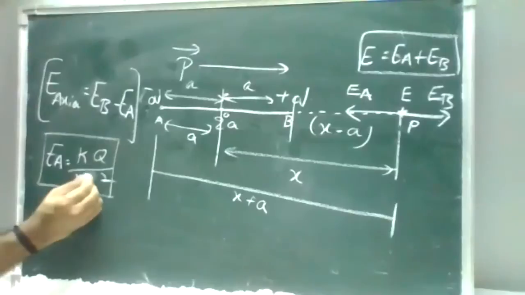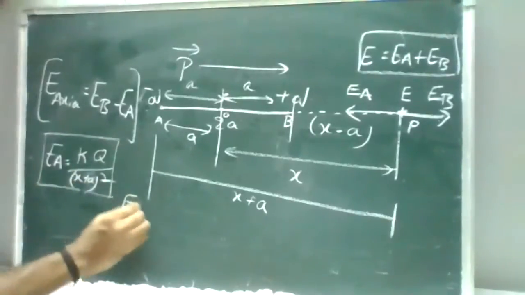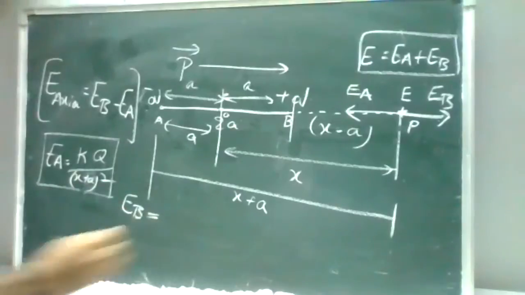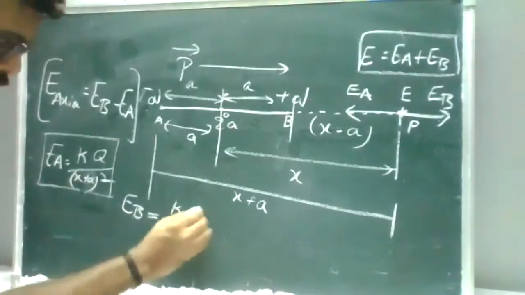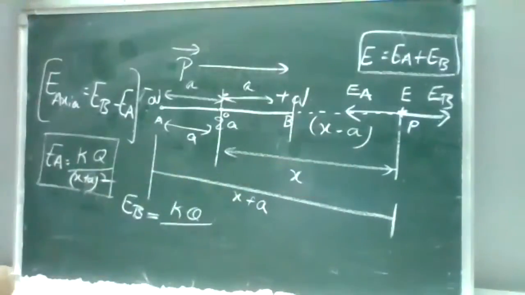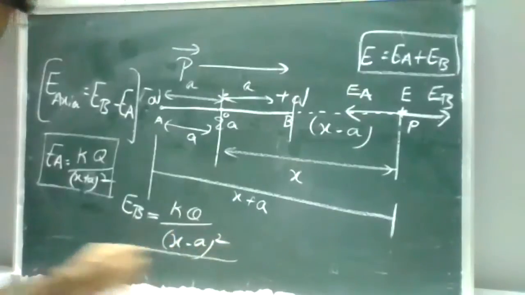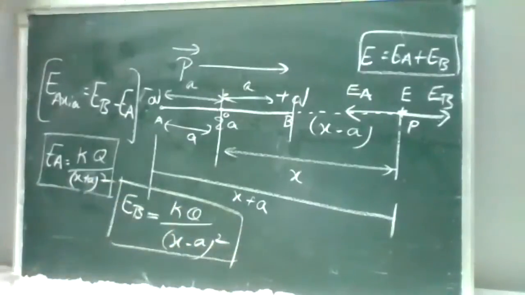It is x plus a, so (x plus a) whole square. And EB is equal to kq by r square, where r is x minus a, so (x minus a) whole square.